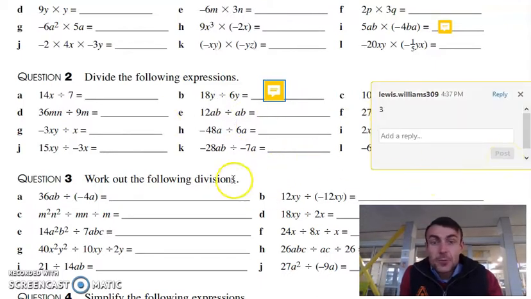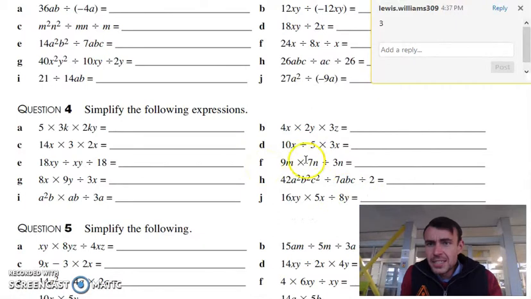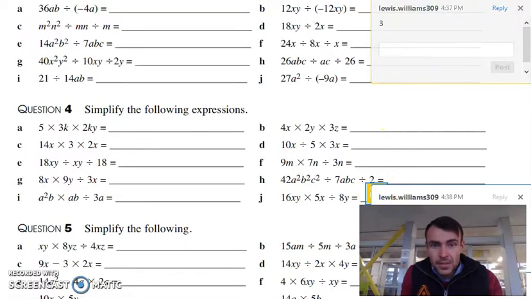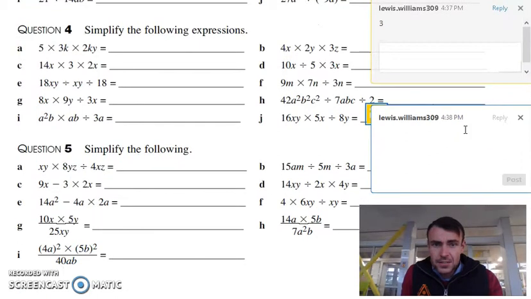Let's try some trickier ones. Scrolling down, maybe you get down to some others where they don't all work nicely together. That does happen, and it's important not to freak out and to just give it a go. Let's have a crack at this one. 16xy times 5x divided by 8y. Well, I'm going to use my BEDMAS here. There's no brackets, but I'm going to do my multiplying first.